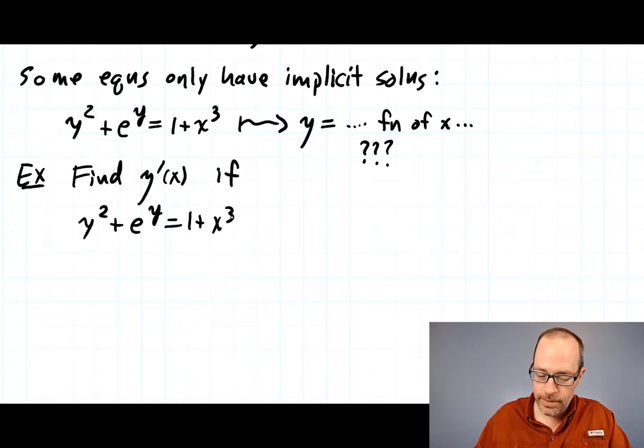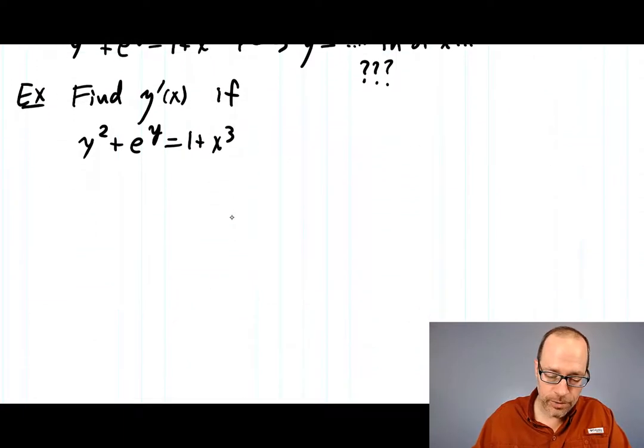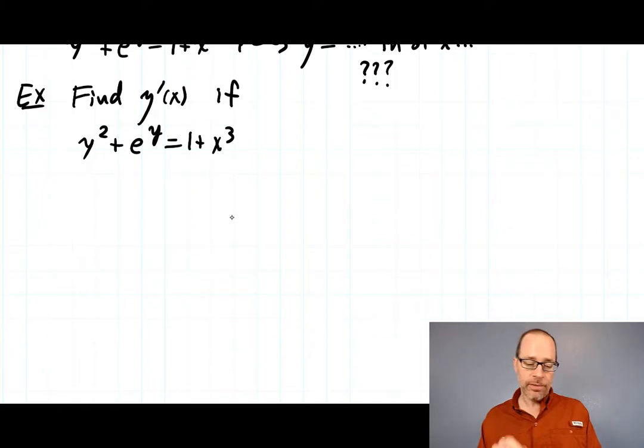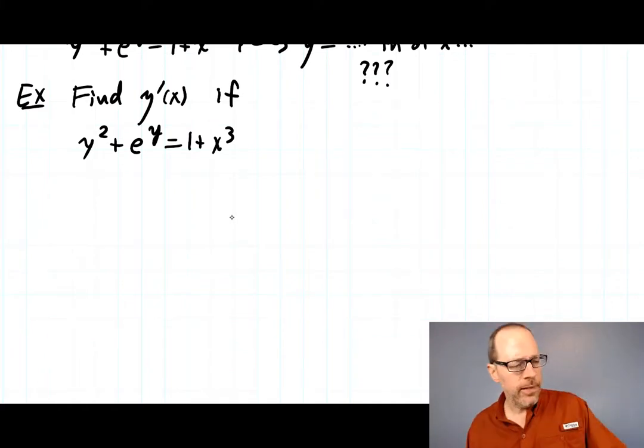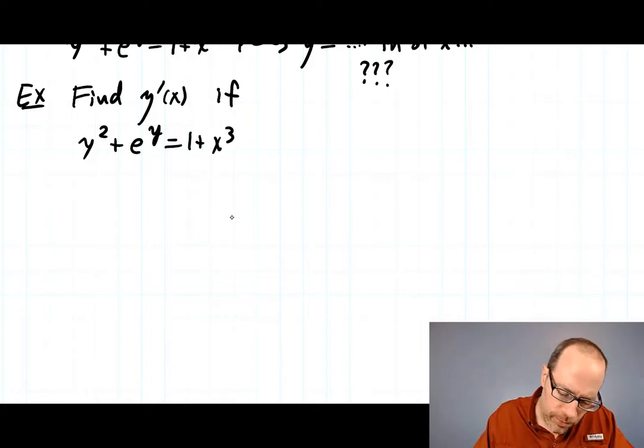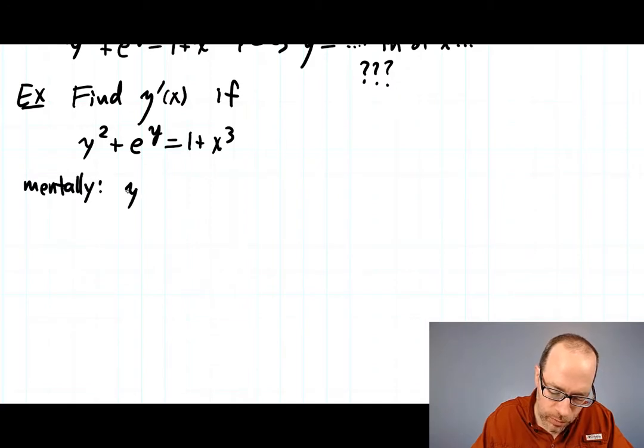Okay? Now, the trick for doing implicit differentiation is to remember that this y is implicitly a function of x. So if you think of this in your head mentally, you should always be thinking the equation really looks like this.